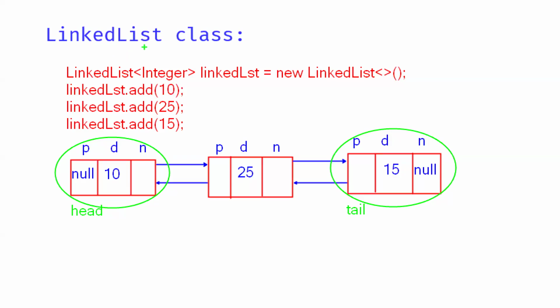In a linked list, the elements are stored as nodes. Here 10 is an element, 25 is an element, 15 is an element. Tell me how they are stored. In the form of nodes. This is one node, this is another node, this is another node. Each node contains how many links? Two links, previous link and next link.